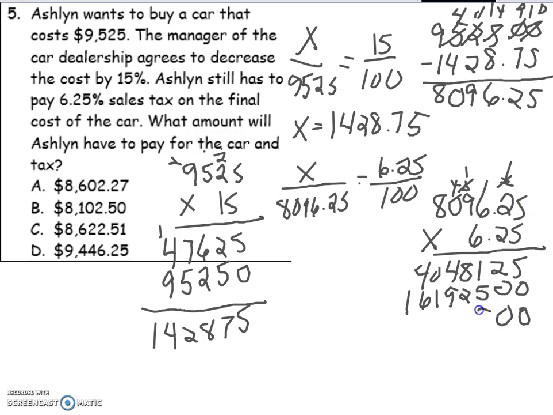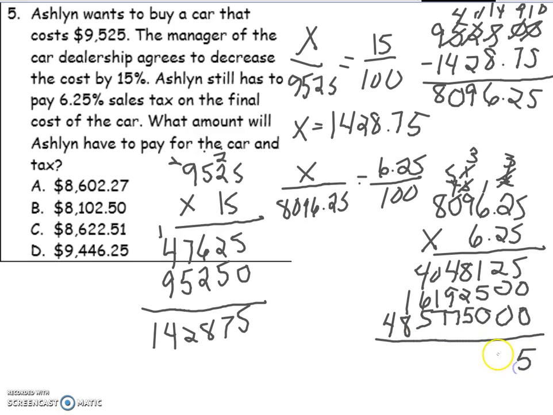6 times 5 is 30. 6 times 2 is 12, plus 3 is 15. 6 times 6 is 36, plus 1 is 37. 6 times 9 is 54, 55, 56, 57. 6 times 0 is 0, plus 5 is 5. And 6 times 8 is 48.